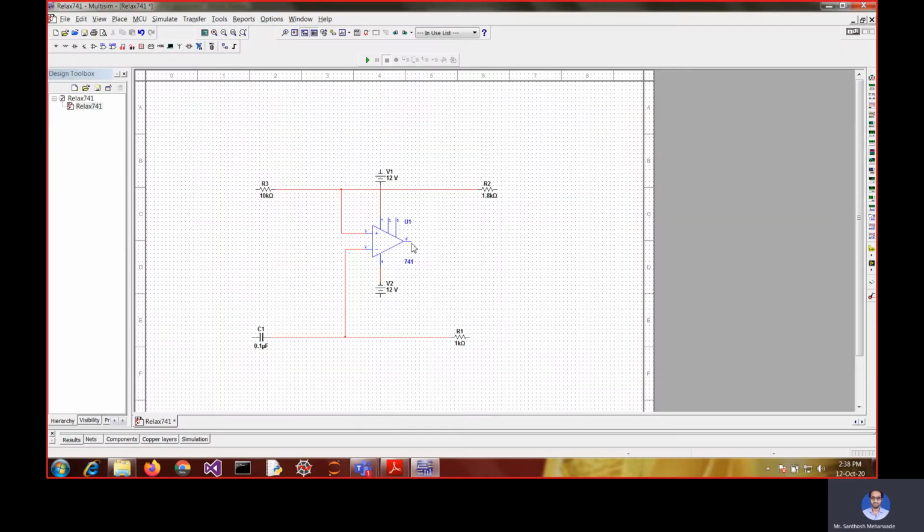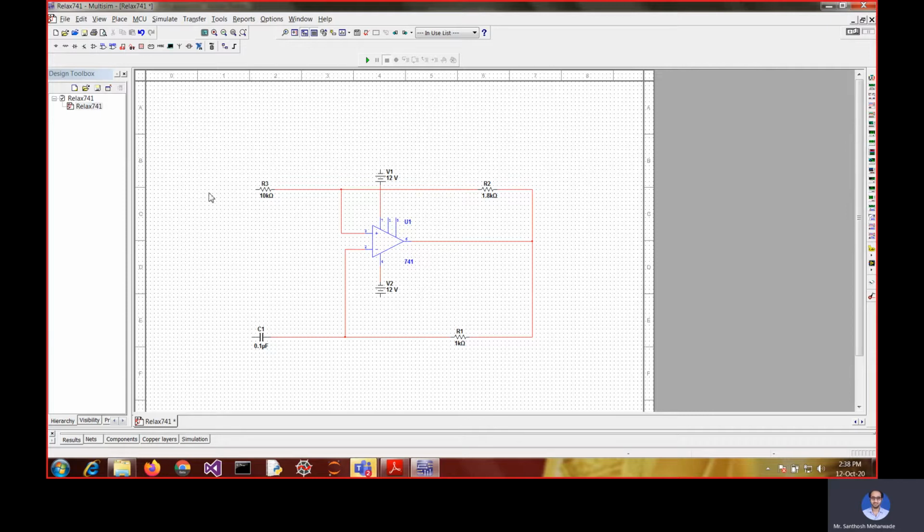So from pin number 6 I'm going to stretch like this, keep it over like this, and next take the turn. In the same way you can connect this one with this terminal. You can see there is a dot, so it is a junction, in which R2 is connected with pin number 6, and R1 is also connected with pin number 6, right?